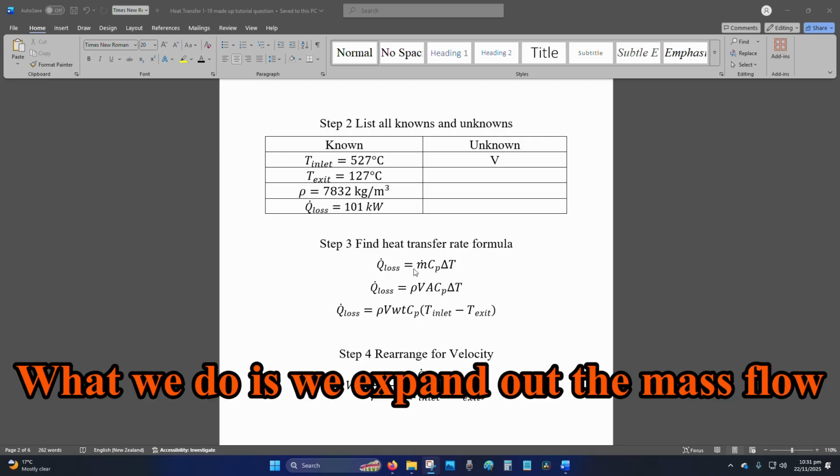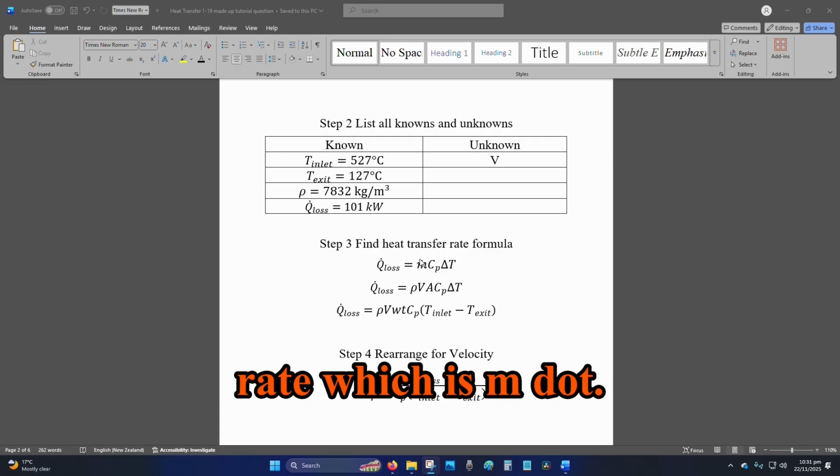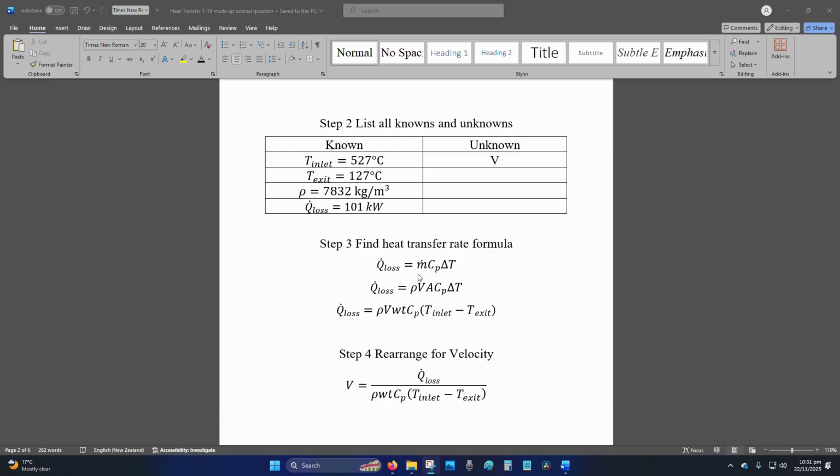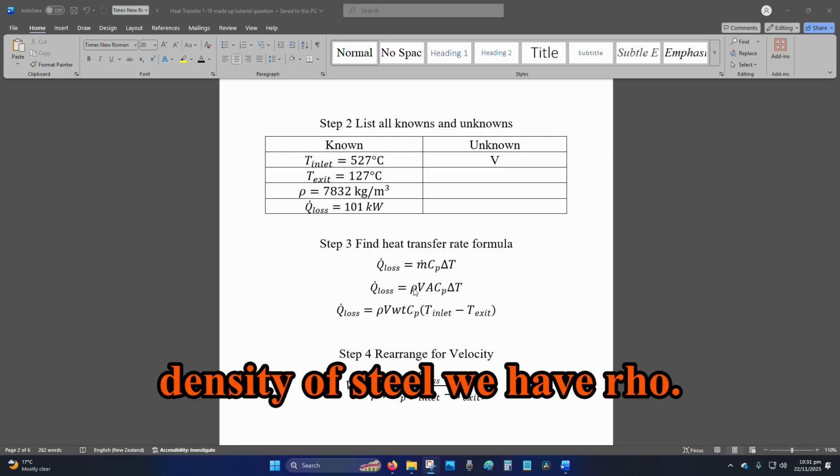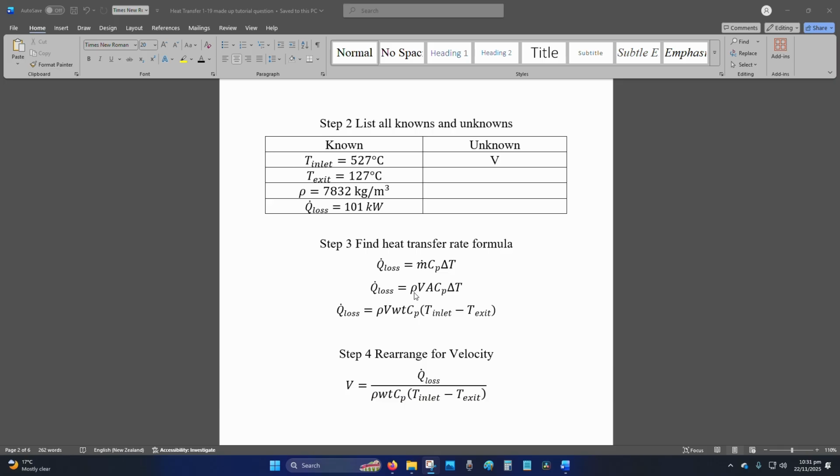What we do is we expand out the mass flow rate, which is m dot. Since they give us the density of steel, we have rho.